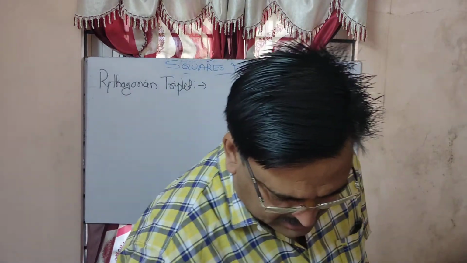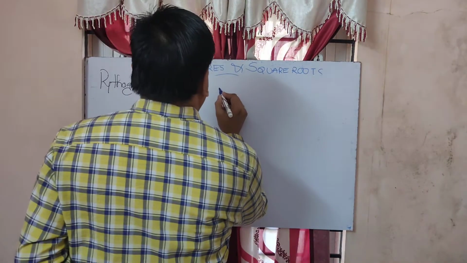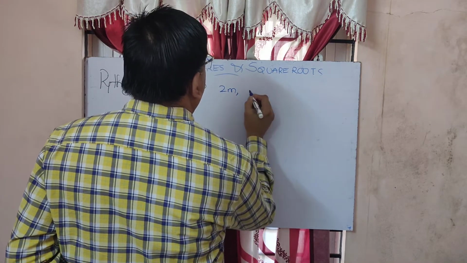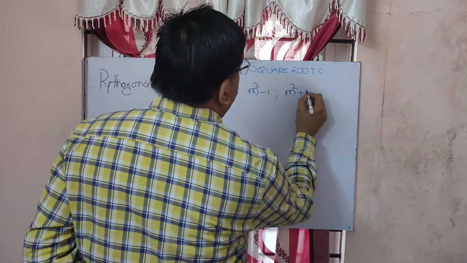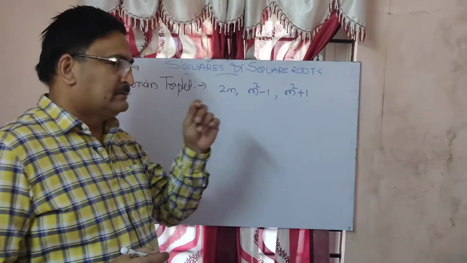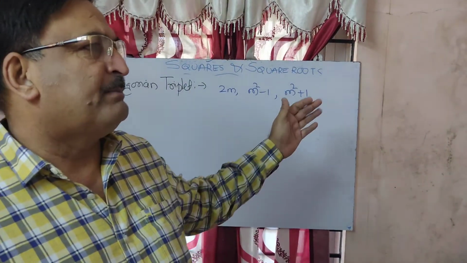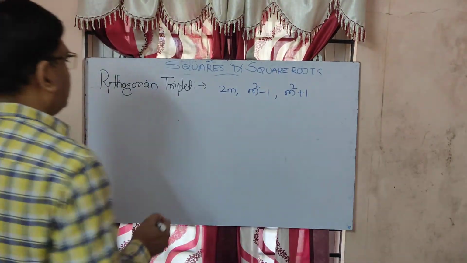And there is a formula, that is 2m, m square minus 1, and m square plus 1. So these are the three Pythagorean triplets. For example, if you want to check it, you can put any number in it. Let us put m is equal to 2.